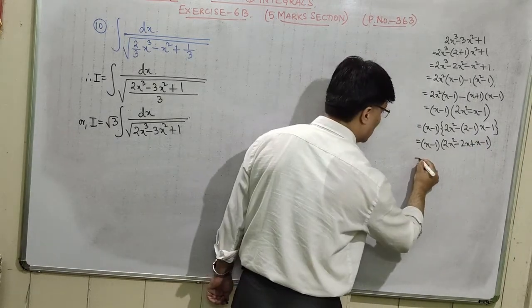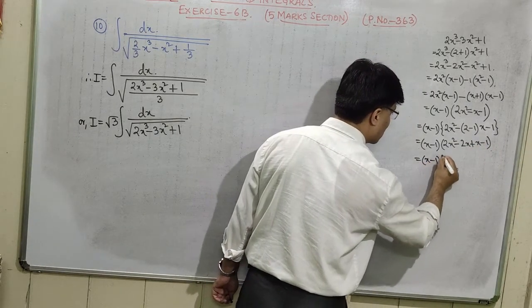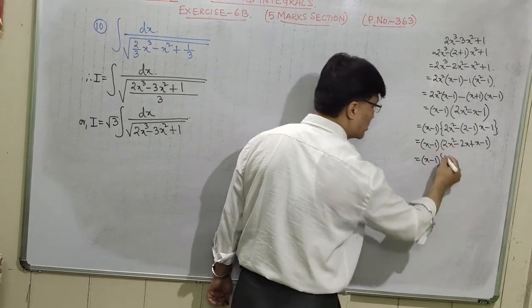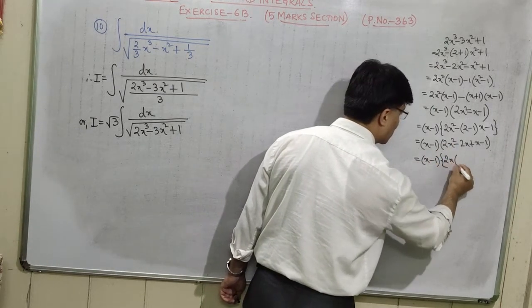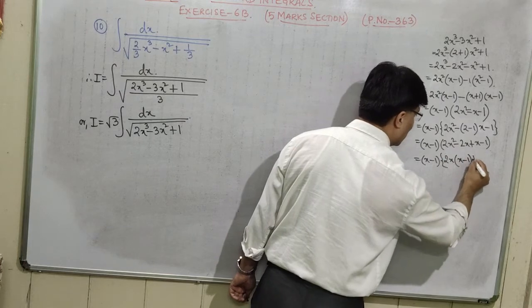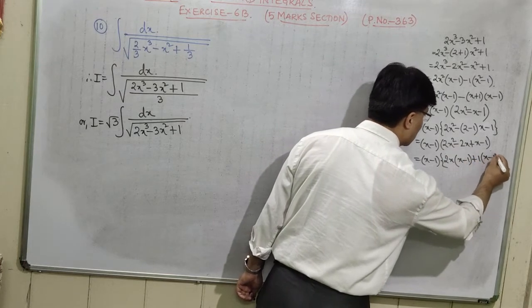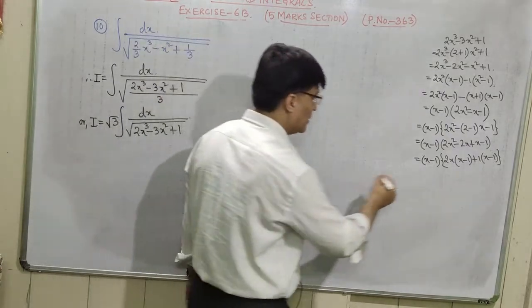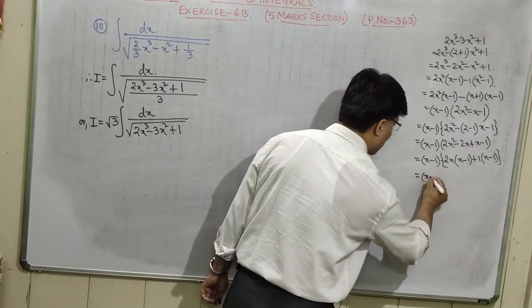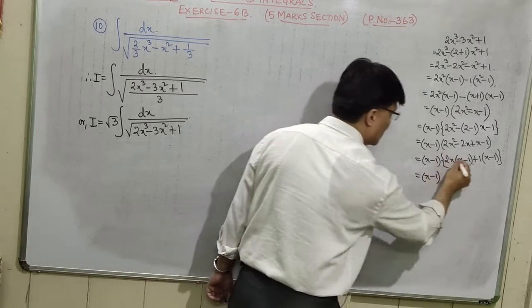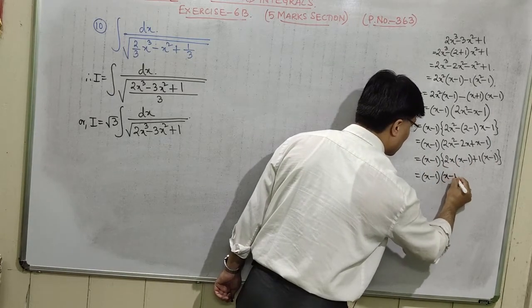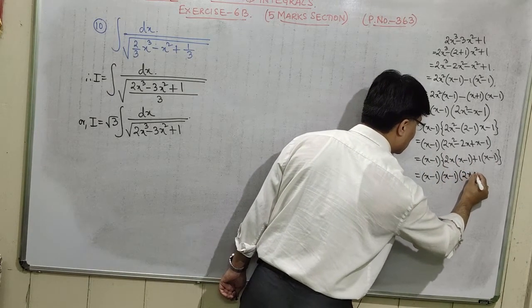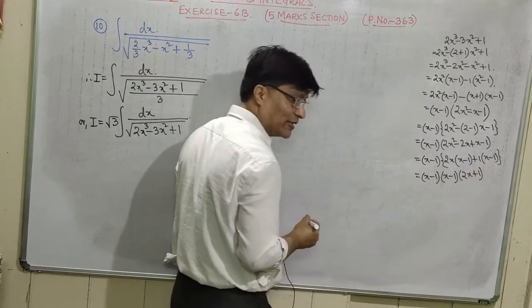Okay, so which is equal to x minus 1 within the second bracket. What is common here? It is 2x common, so x minus 1 plus 1 common, so it is x minus 1, second bracket is closed. Okay, so which is equal to x minus 1, again what is common here? This is x minus 1 into 2x plus 1.